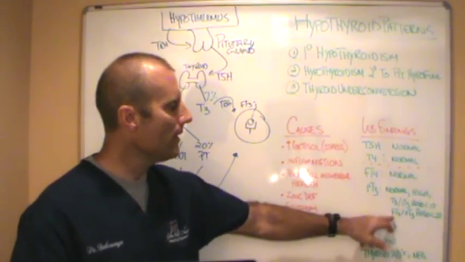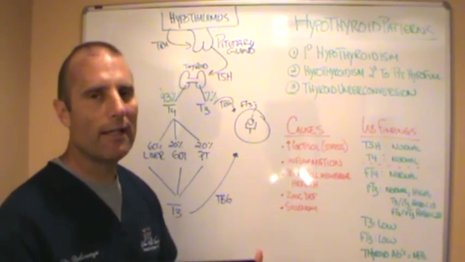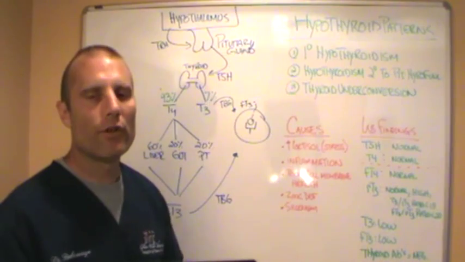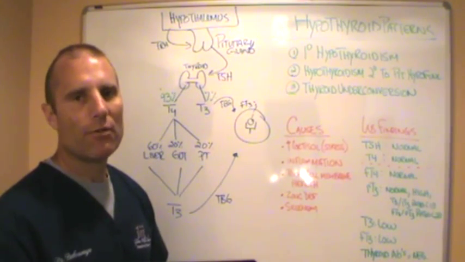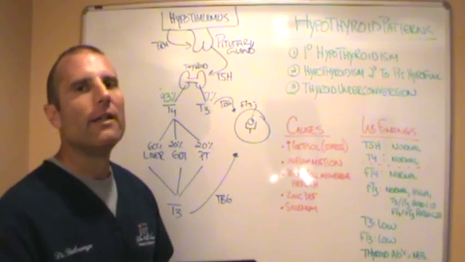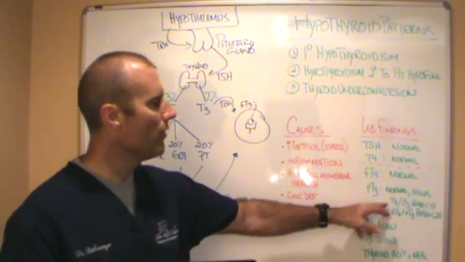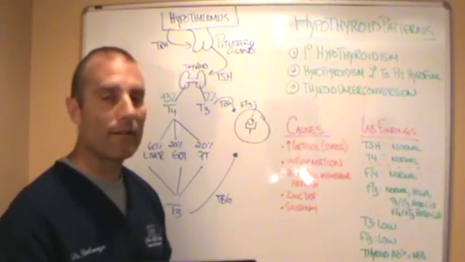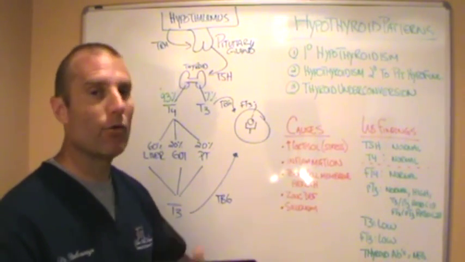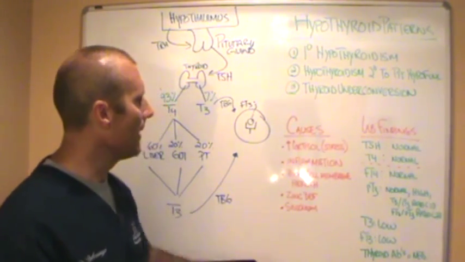And if our free T3 to reverse T3 ratio is less than 20, again, we're getting over-conversion into reverse T3. Even though the lab level may be normal, it's still an over-conversion because it's in a ratio to the actual active hormone values. So these would be what our typical lab findings would look like.